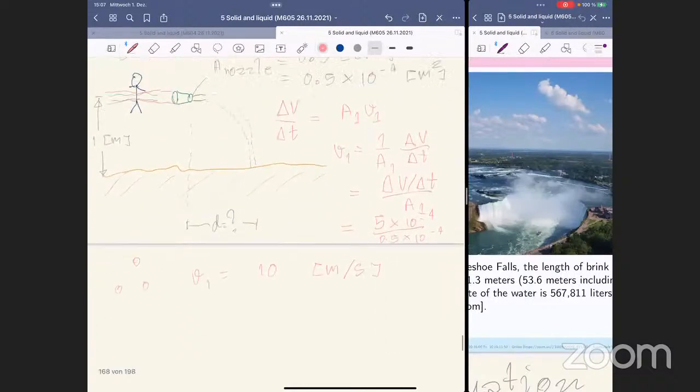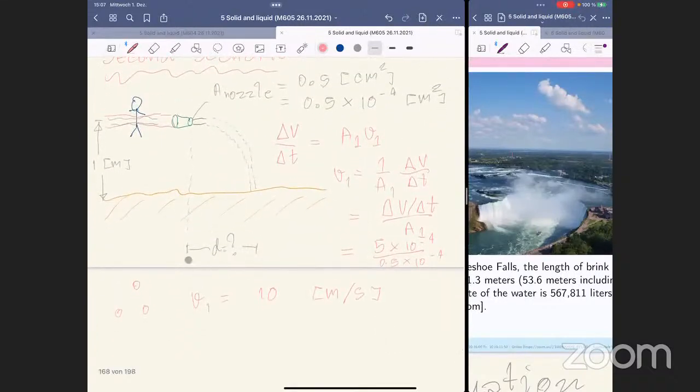And what else? But our target is the distance here, right? And as you know, the speed of the water at any location down in this curve, this is the projectile motion, actually.